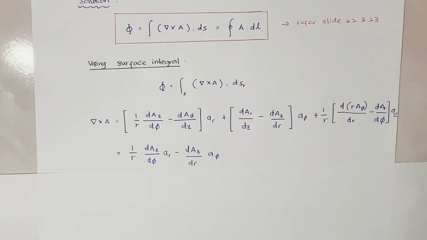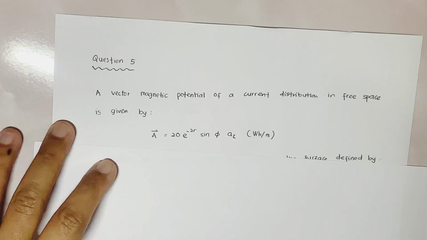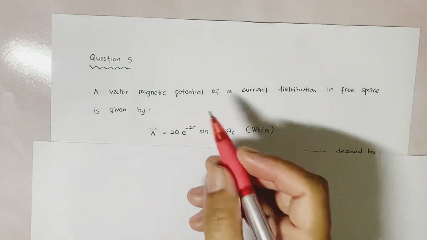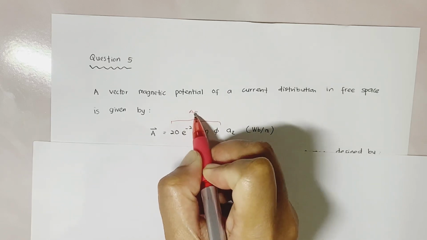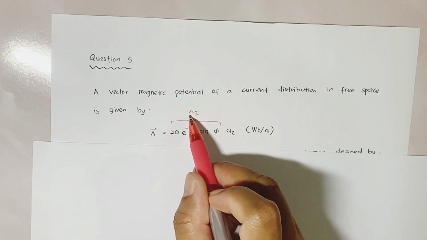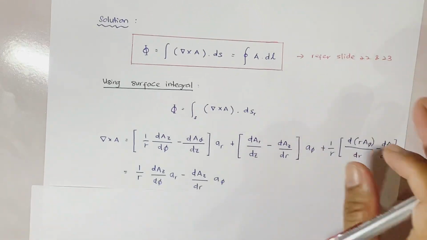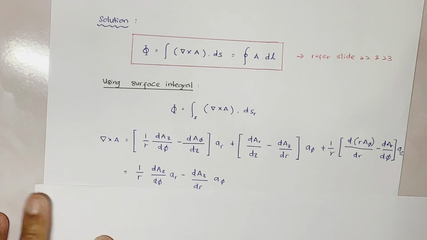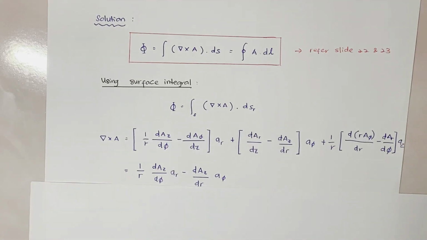And okay, if you see the question here, this is the given magnetic potential. Actually, it only refers to AZ. Because of the Z direction, this is AZ. A is potential, Z refers to direction. So, if you see this equation, you can remove the symbols that are not related.